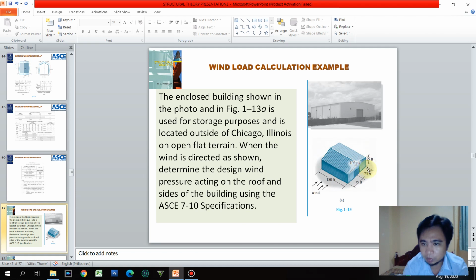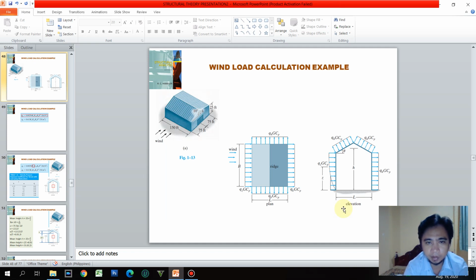25 feet is the column height up to the bottom of the truss. So here is the cross section. We are going to use QZGCP for the windward wall and QHGCP for the leeward wall.